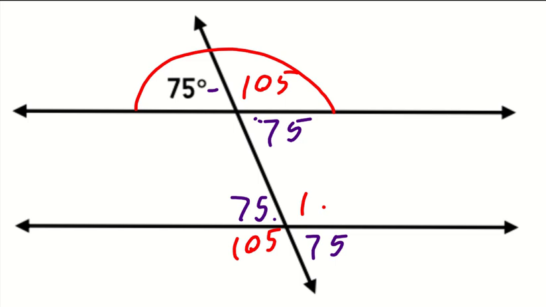Y'all, every other angle left over is 105. There are two numbers for all 8 of these angles. That's how it works, okay? Are we going to get things that end up being a little bit more complicated than that? Yes. For right now, though, that's what it's looking like. Everybody kind of follow? Not so bad, right?